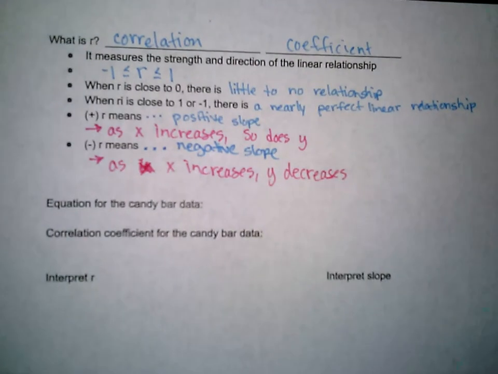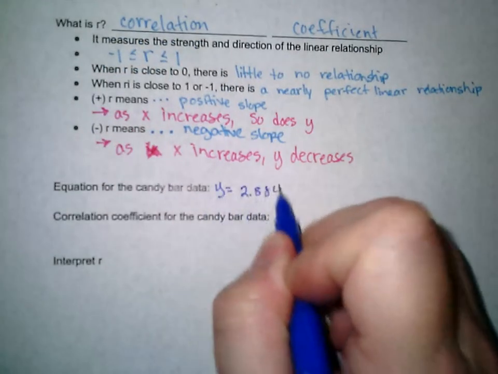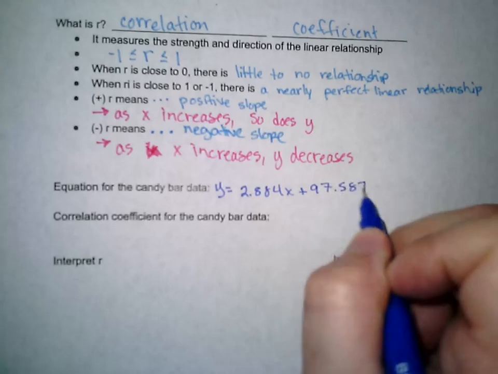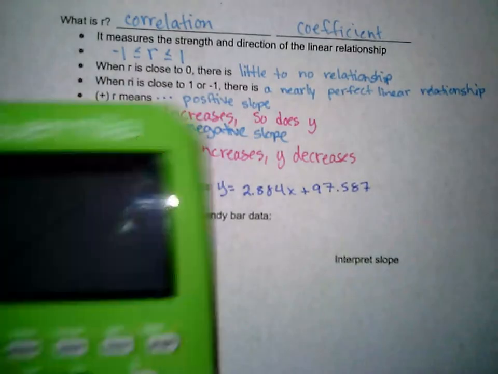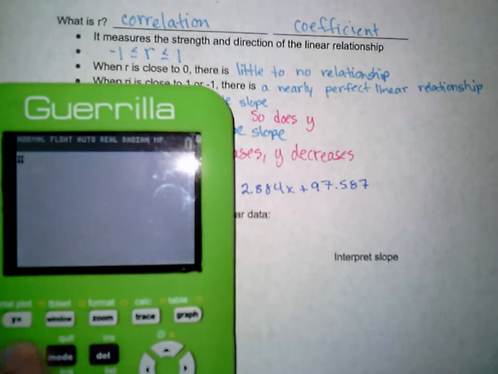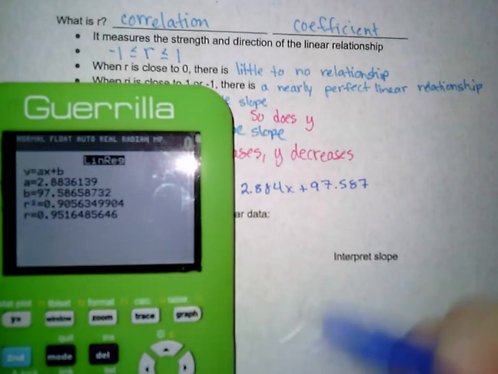Okay. So for our candy bar data, remember we had that equation, y equals 2.884x plus 97.587. And then our correlation coefficient was 0.952.